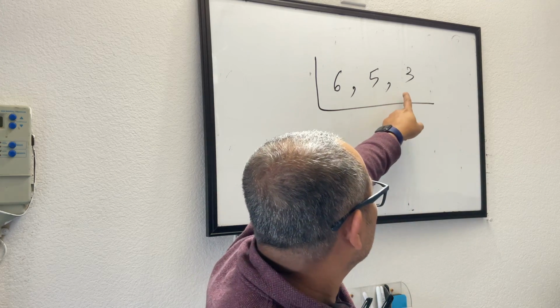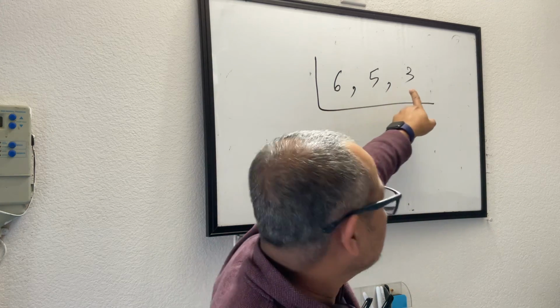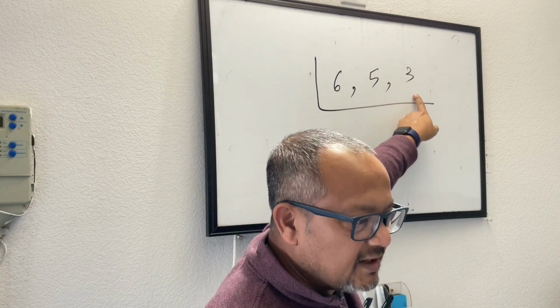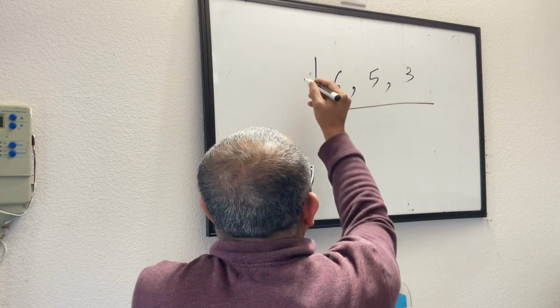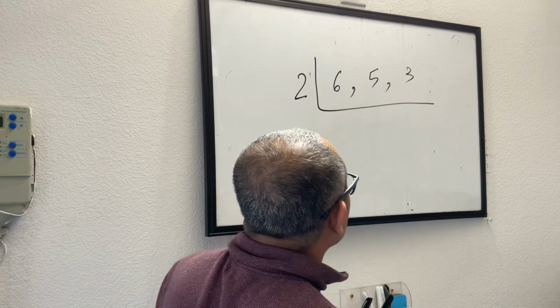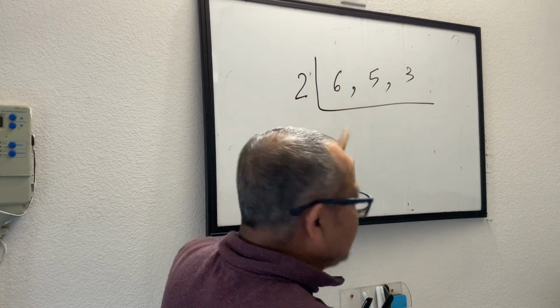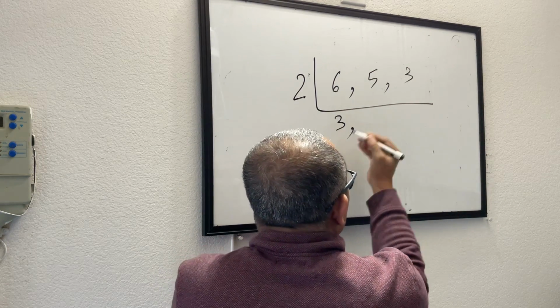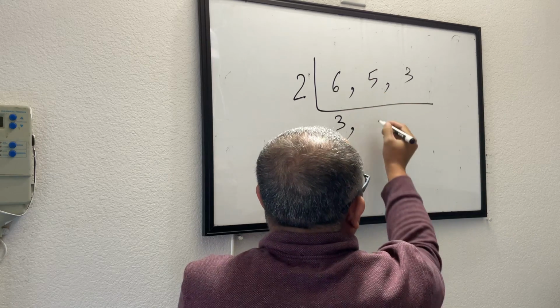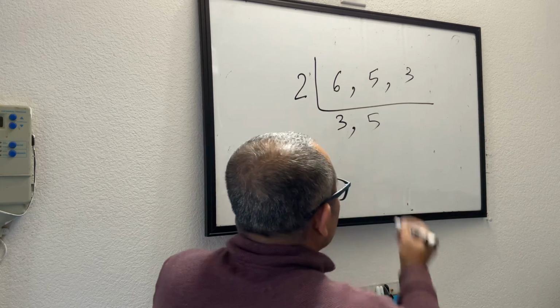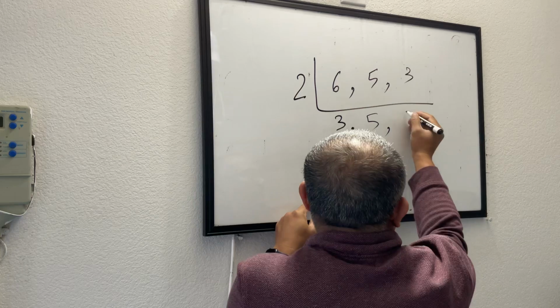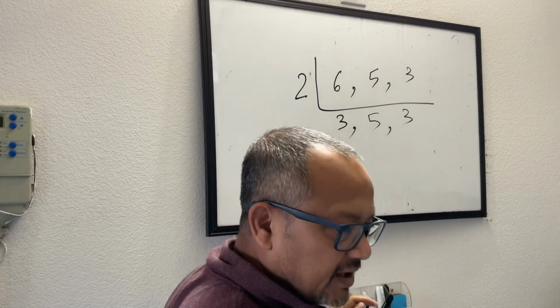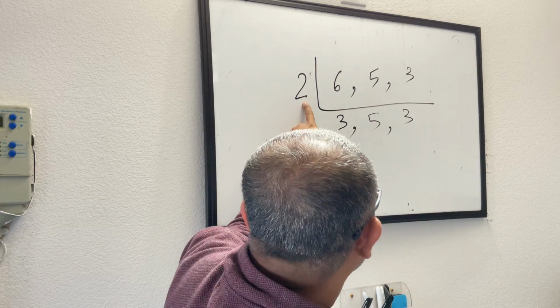We always start with 2, 3, 4, 5 kind of a thing. Smallest number is 2. 2 can divide 6, but not 3, right? So let's start with 2. 2 times 3 is 6, I will write a 3. 5 doesn't come in the table of 2, so I'll write 5 as is. And 3 also doesn't come in the table of 2, so I'll write 3. So one number is done.